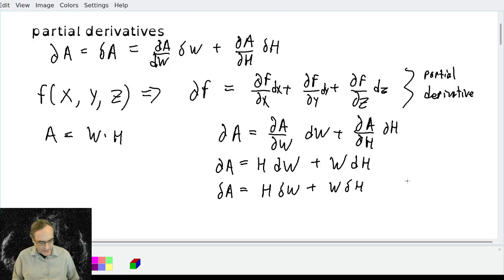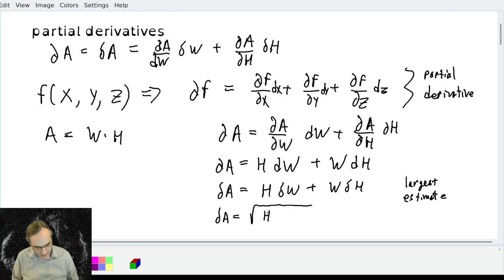Now I will warn you, this tends to be the largest estimate. And frequently, you actually have a distribution that's kind of Gaussian between them. You end up being tighter towards the middle than this would imply, which means you'd probably have a better estimate if you added in quadrature.